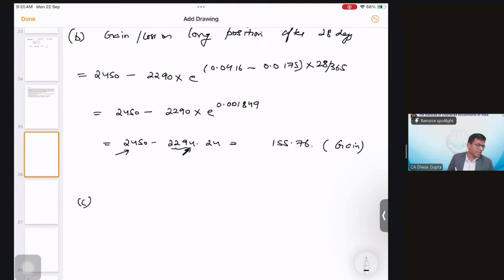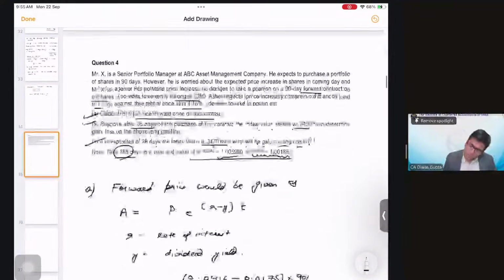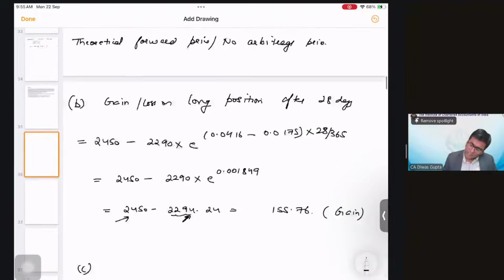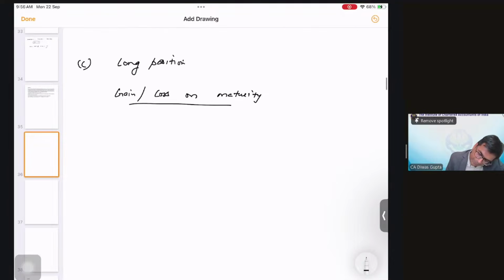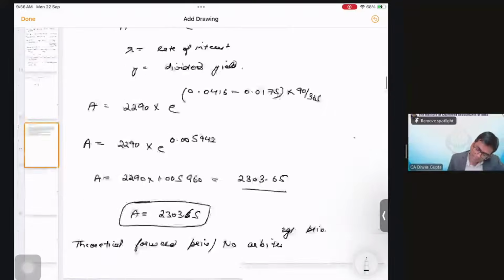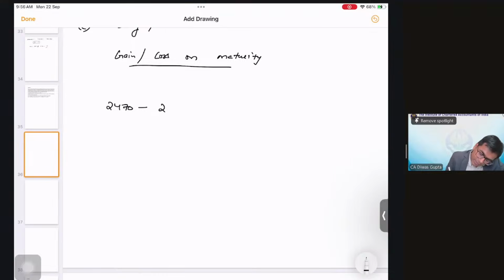Then the last part. If at the expiration of 90 days the index value is 2470, this is very easy. Now you tell me, we have taken a long position, so gain or loss on maturity will be what? 2470 minus what was the original expiry price? Theoretical minimum value was 2303.65, right?